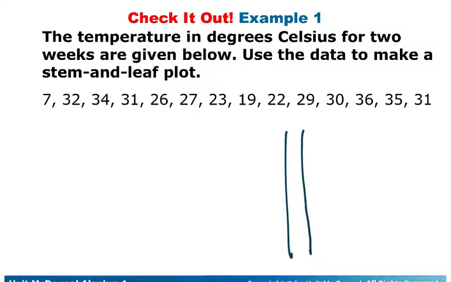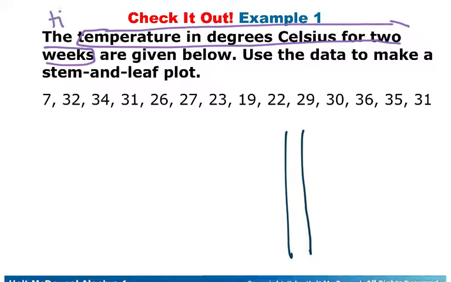Need a title. Temperature in degrees Celsius for 2 weeks would be our title. We do have a 0 value, so 7 there. We got some teens, 20s, and 30s.